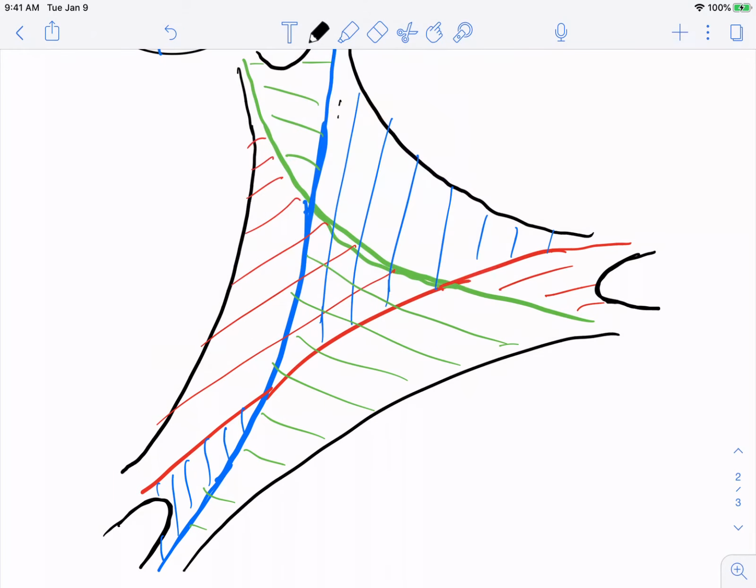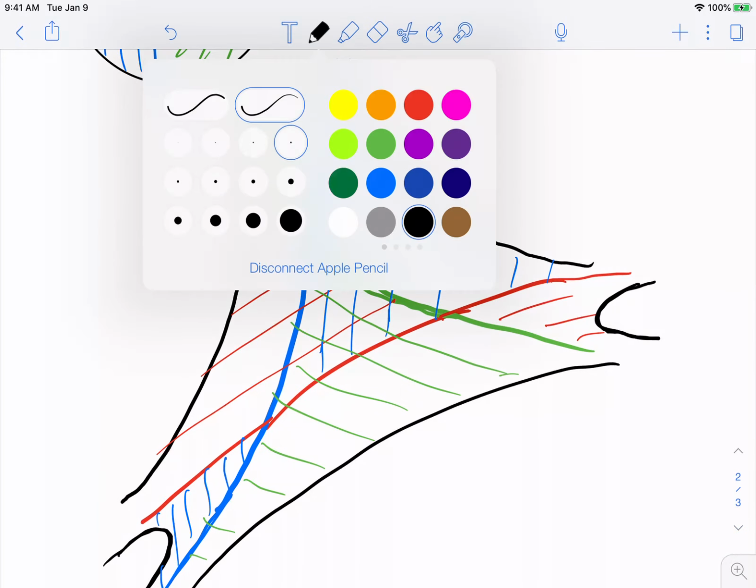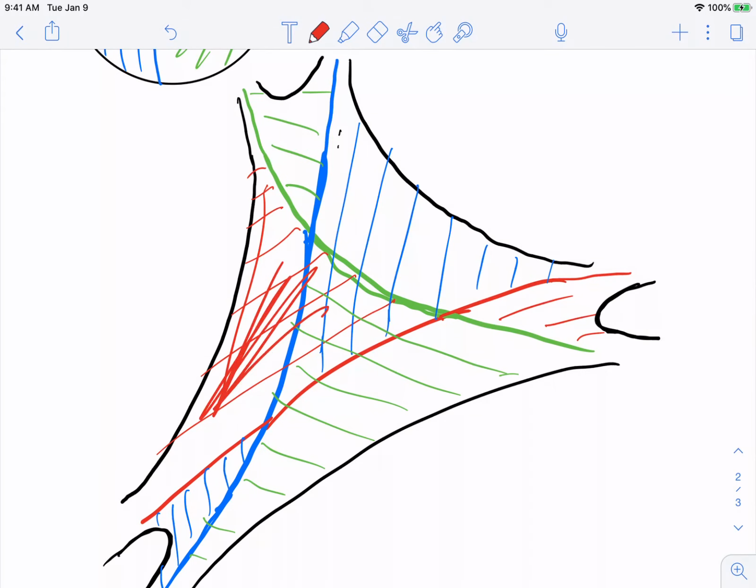And the thing I want you to notice is that the area of both of the red ones is the same. In other words, the area of this piece here, this 2/3 ideal triangle, is equal to the area of this 2/3 ideal triangle. They don't look like it in my picture, but they have to be equal. Why?